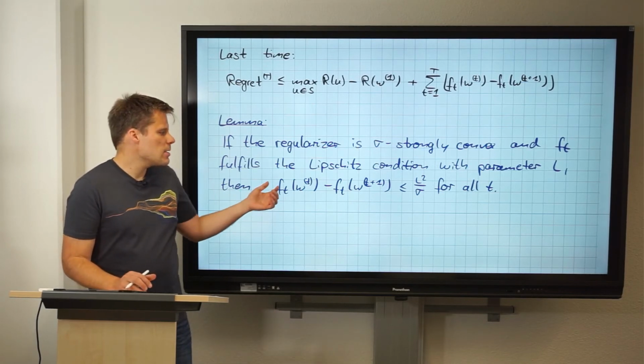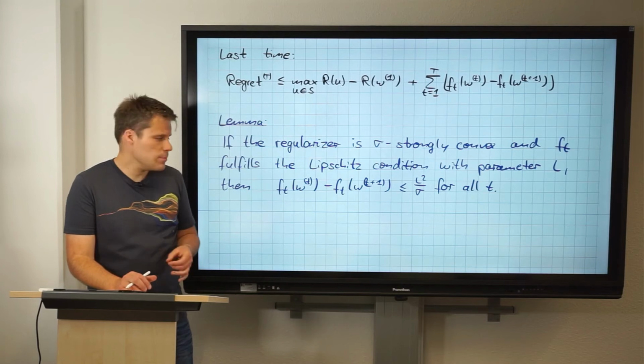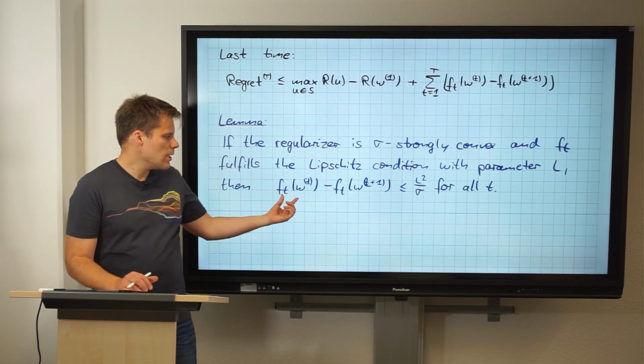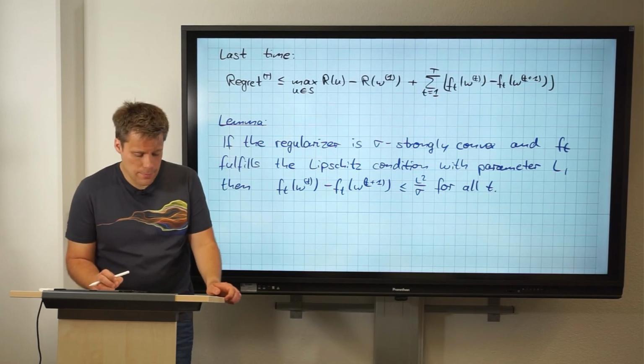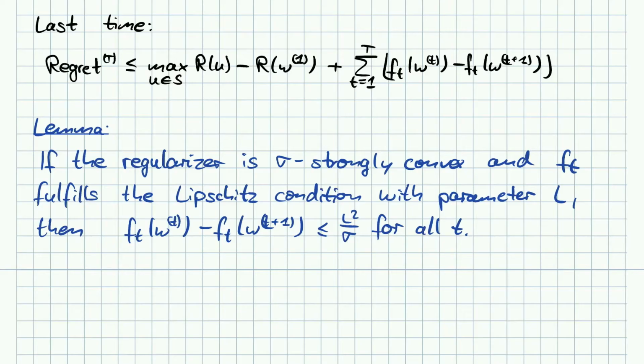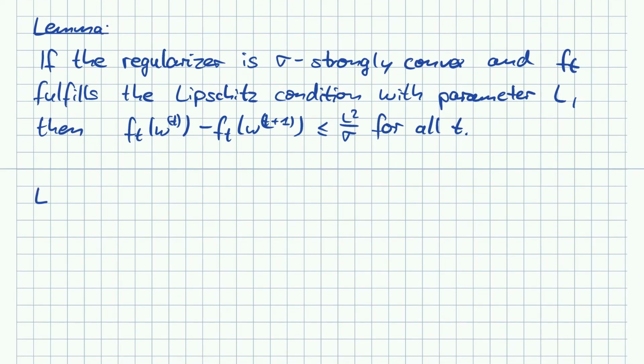And because our function Ft fulfills the Lipschitz condition, also the function values will be close together. And this is the first lemma that we now show in order to show this other lemma.